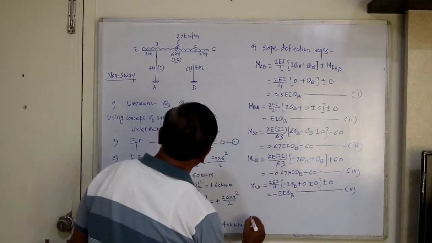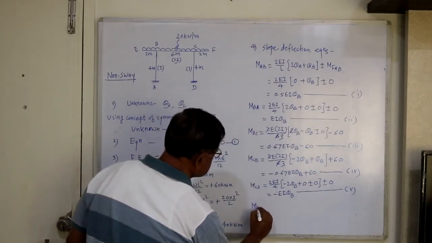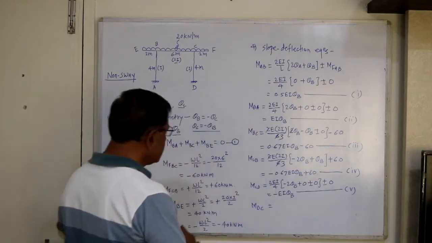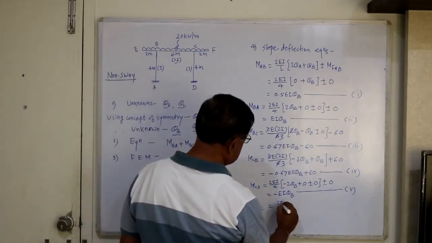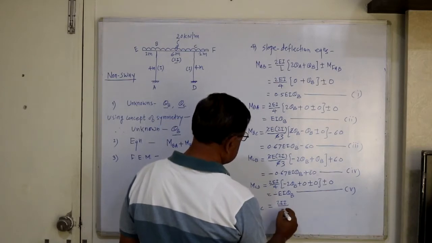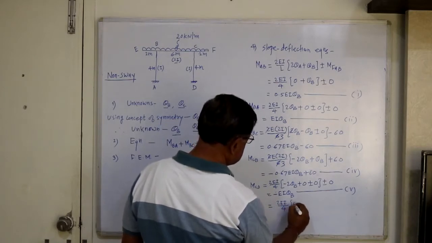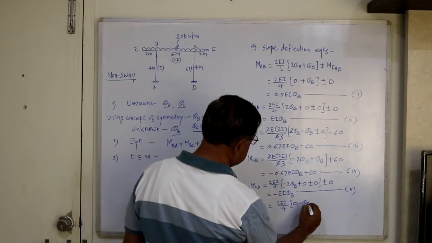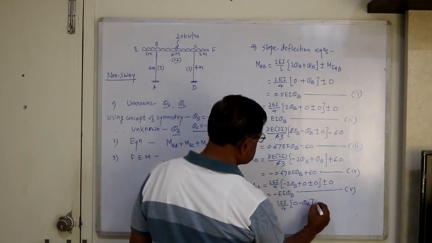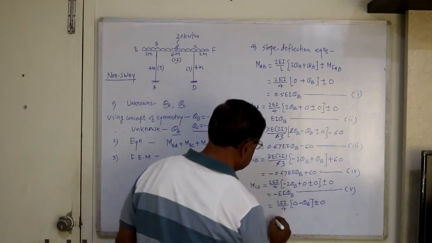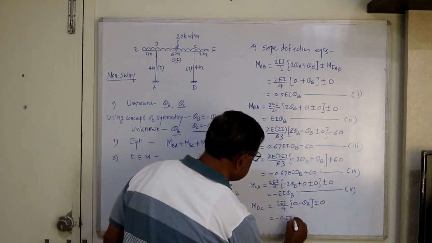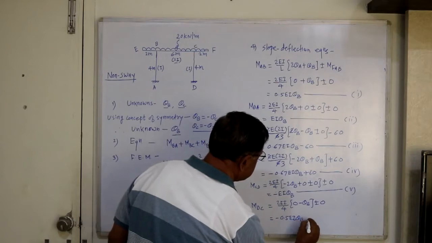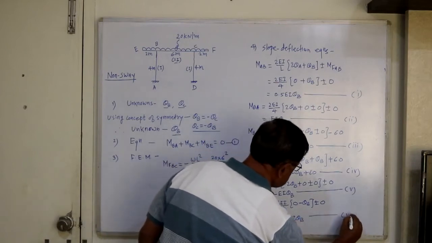And the last, MDC. So MDC is equal to 2 EI upon L is 4. This is 0 minus theta B. Then this is plus minus 0. So you will get minus 0.5 EI theta B, equation 6.